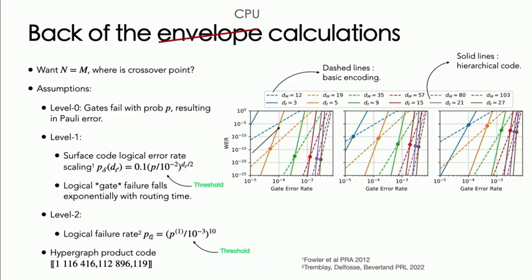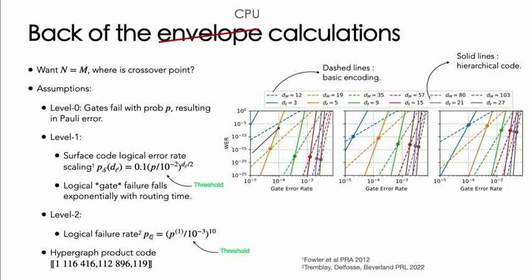So in the first of these plots, it's the same story, except the swap gates alone have 10x better fidelity, and in the rightmost plot, they have a 100x better fidelity. So the logical failure rate for this crossover point starts to increase, and it also starts to move slightly left. So these are all positive signs if we want to construct these hierarchical codes.